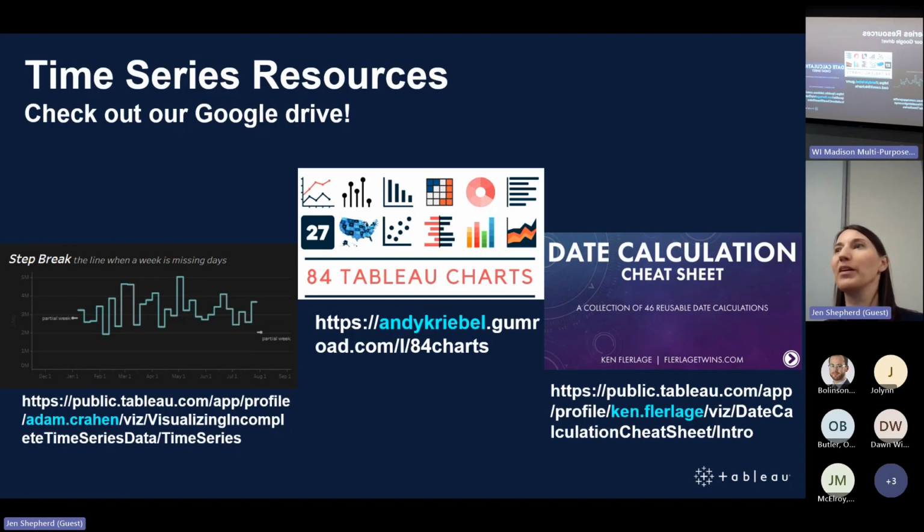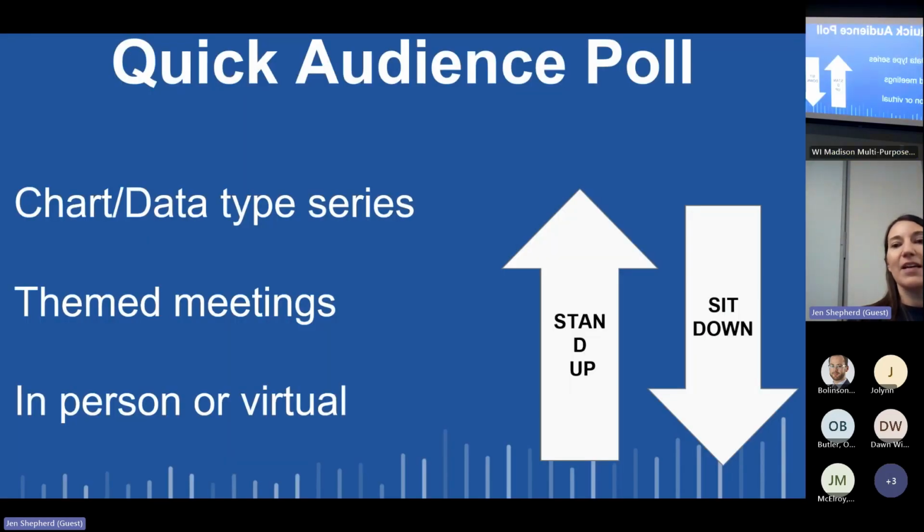If you go to Tableau Public and put in date calculation cheat sheet, you'll get several. The Flerlages do amazing work, so I really like theirs, but there are a few of those. So there are definitely resources out there for how to build things. It's the part of, but what's the best view for my data? That's the hard part. So hopefully you've got some inspiration for that today and some new ways of thinking about what to do with your time series.